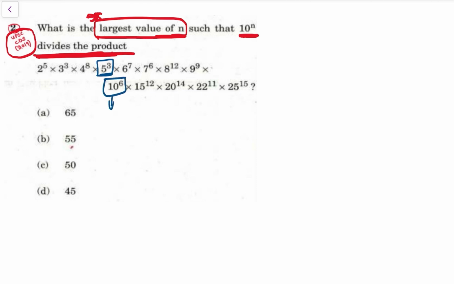Then the number of fives possible here: 10 to the power 6 can be written as 2 into 5, to the power 6, so there are 6 fives. Then 15 has a 5, so 15 can be written as 3 into 5, to the power 12, so 12 fives are there.